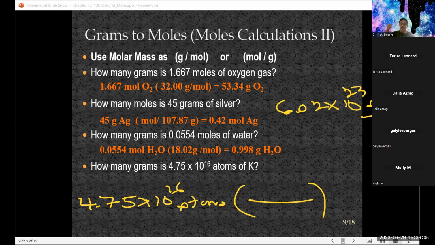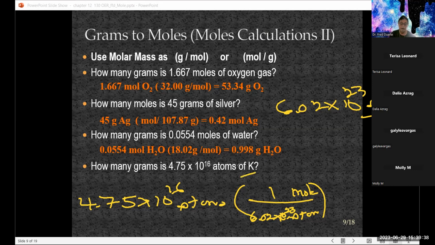Atoms, molecules, bananas, oranges, what have you. We want to get rid of atoms, so mole will be in the numerator and atoms will be in the denominator. So our first factor is Avogadro's number to get us out of atoms and into moles.